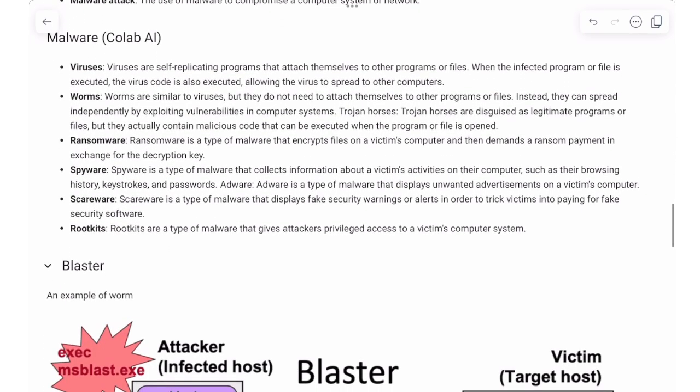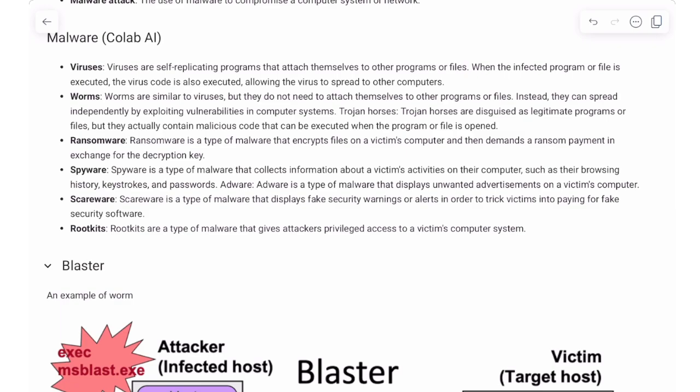Okay, so here we can see that there are several different types of malware, including virus, worms, something like that. Basically, the name is meaningful. When we talk about virus, that means the program is self-replicating, just like the real virus. They will attach themselves to other programs, just as the real virus will attach itself to a cell.